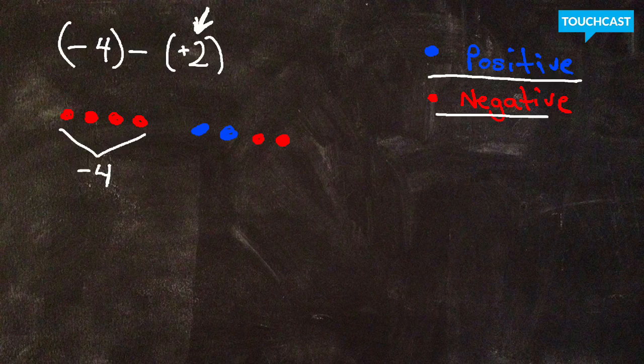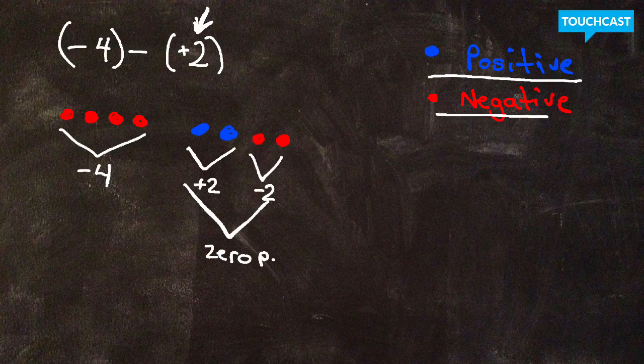Now, just hang on. Let me try and explain this, because if you get this, I think you get the idea. This is equal to 2 positives. This is equal to -2. If you remember your 0 principle, 2 positives and 2 negatives add up to 0.